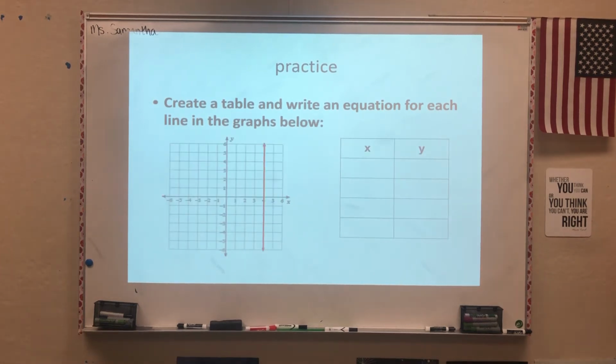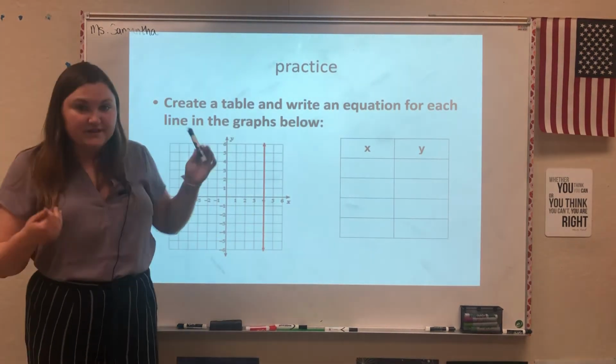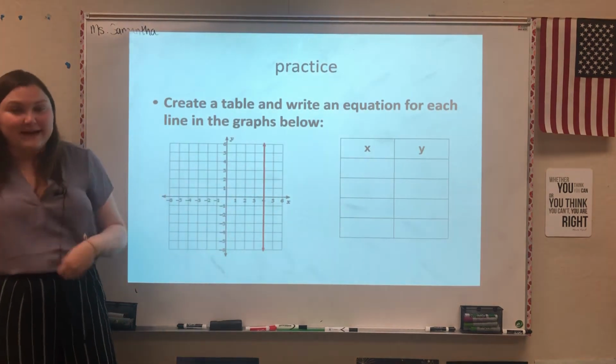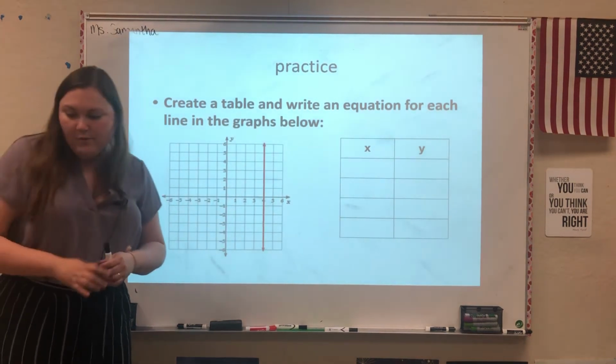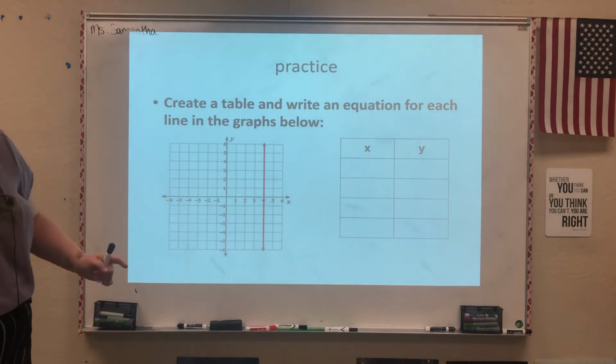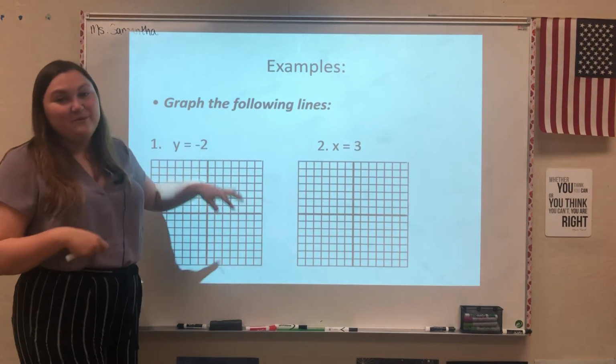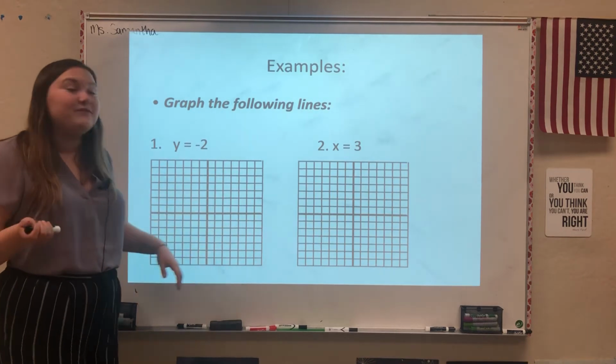And this is the second one. All right. So for all the ones we just looked at, this was them giving us a graph and us writing the equation. We're going to practice the same thing just in reverse. This time, we're given the equation, and we need to draw the line of the graph.